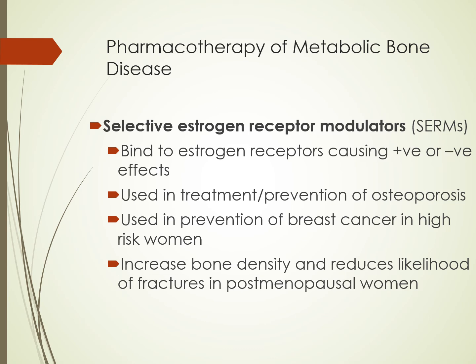Because it has a positive effect in the bone, we can use it to treat and also prevent osteoporosis. So someone who's at high risk for developing osteoporosis could take raloxifene to stop further breakdown and becoming overtly osteoporotic.